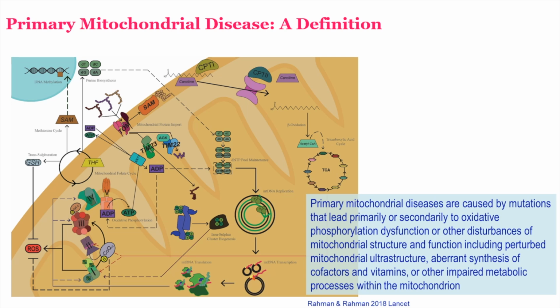The definition of primary mitochondrial disease is that these diseases are caused by mutations that lead primarily or secondarily to oxidative phosphorylation dysfunction, I'll go over that in a moment, or other disturbances of mitochondrial structure and function, including perturbed mitochondrial ultrastructure, so how the mitochondria look, aberrant synthesis of cofactors and vitamins, or other impaired metabolic processes within the mitochondrion. The mitochondria are little organelles within the cell, and their job primarily is to make ATP, or our energy for the cell to run.